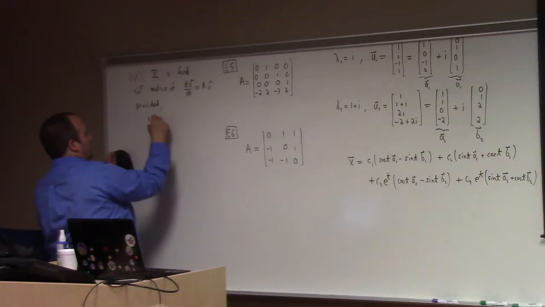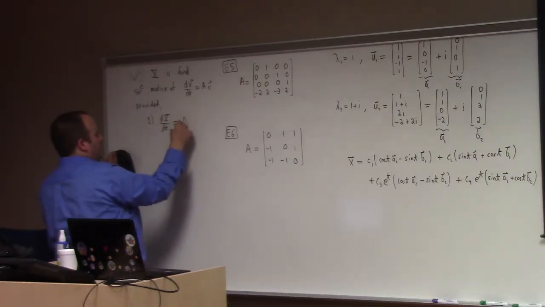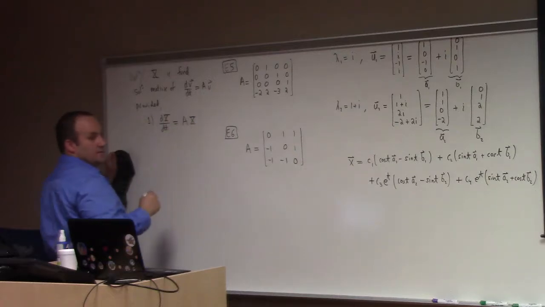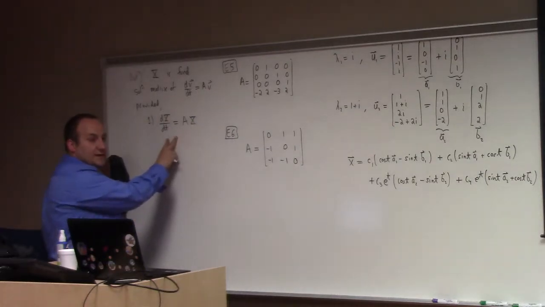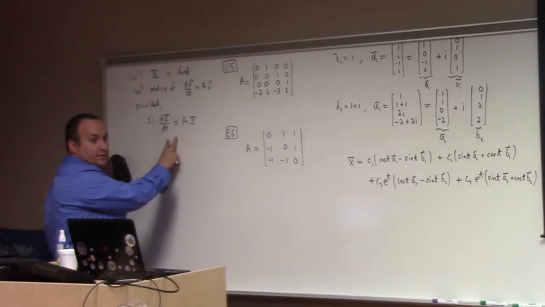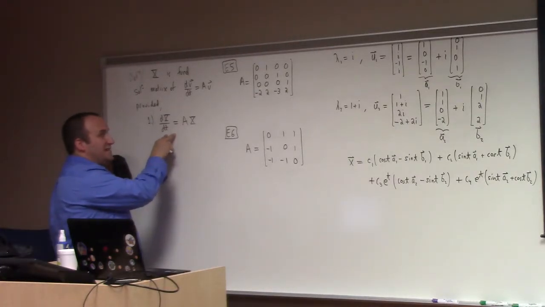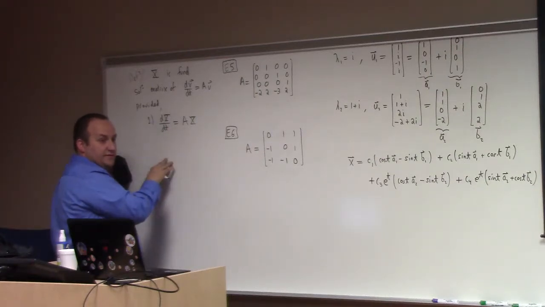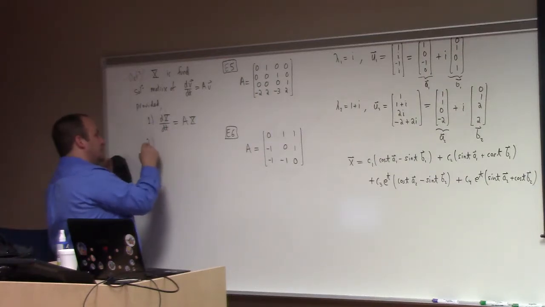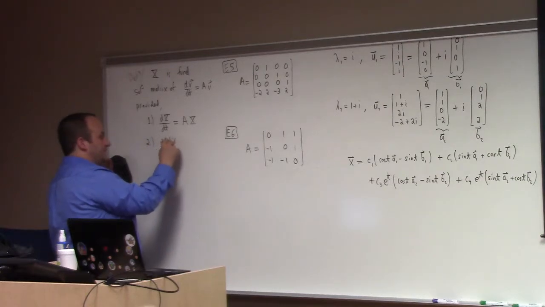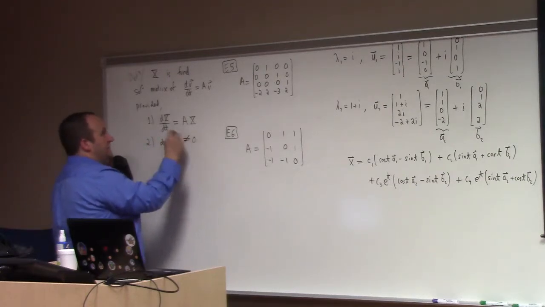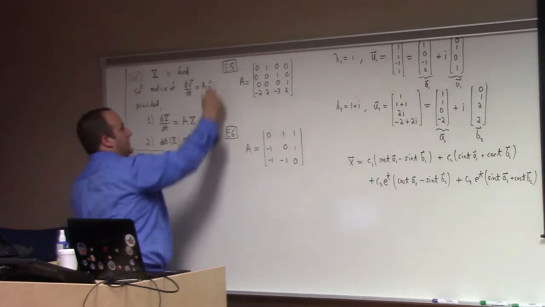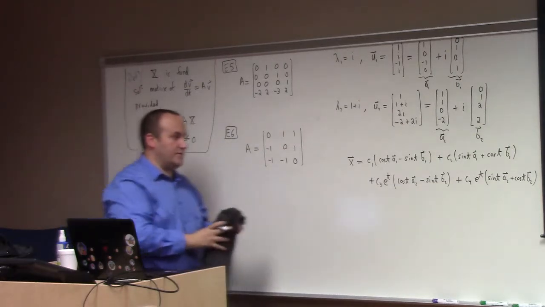Number one, we have to have that dX/dt is equal to AX. This condition says that it's a solution matrix. This actually means that every column in X is itself a solution to the differential equation. And number two, that the determinant of X is not equal to 0.